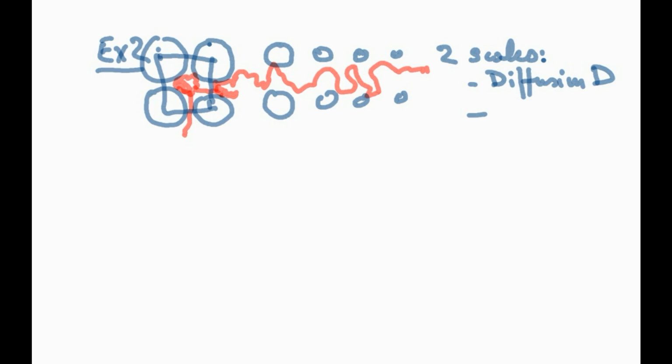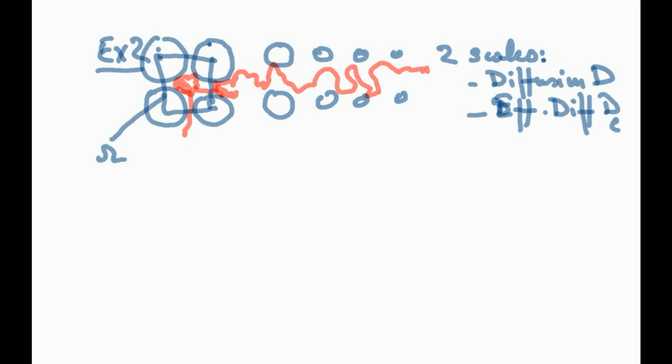And there is a second one, which is an effective diffusion coefficient, which is given by calculating the time it takes to escape from this region. Let's call it omega. And this probably could lead to an effective diffusion coefficient. Effective diffusion coefficient, let's call it dE, right?